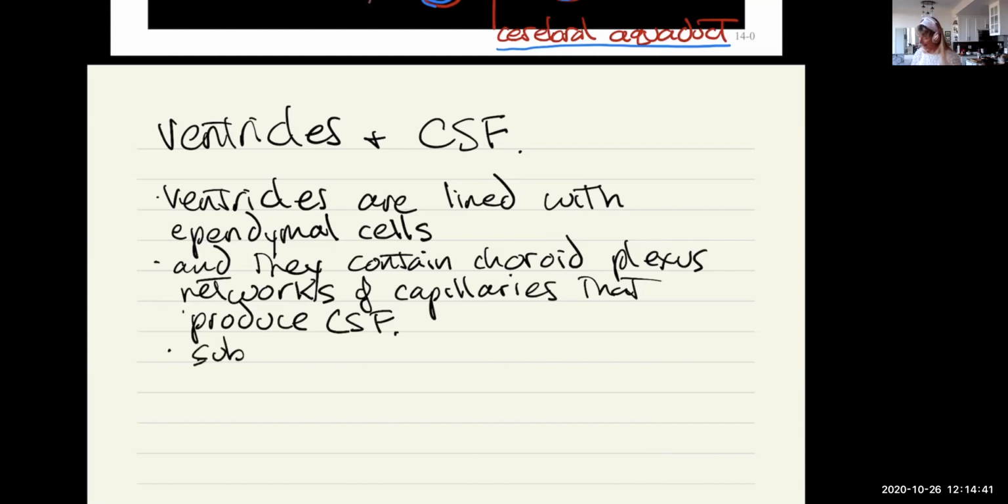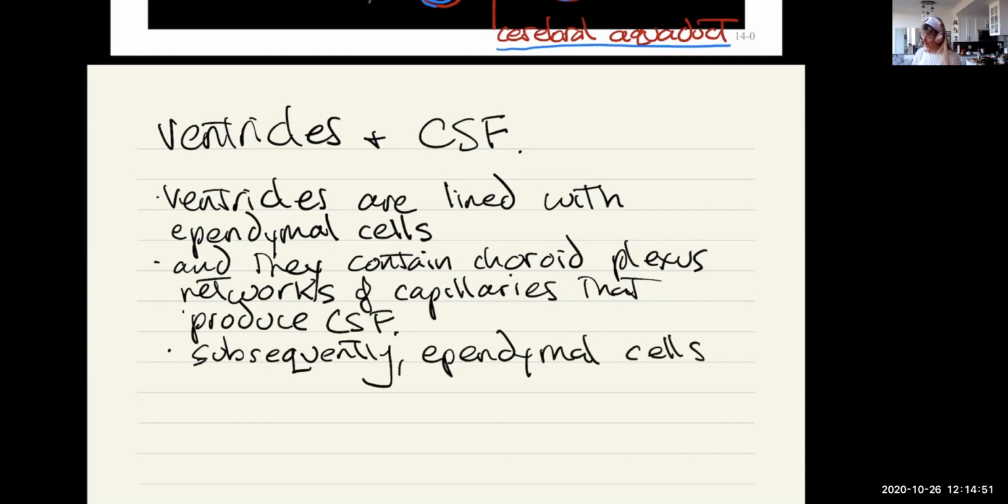So subsequently, ependymal cells produce about 30%.